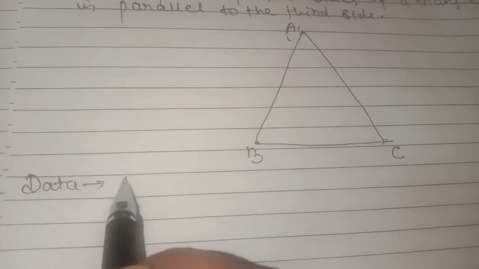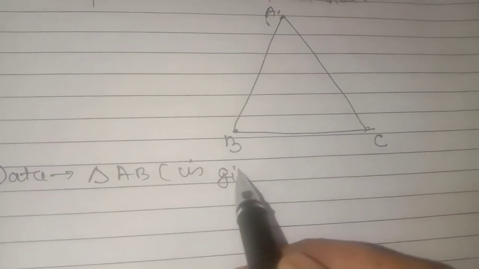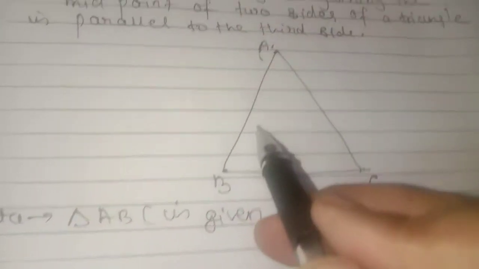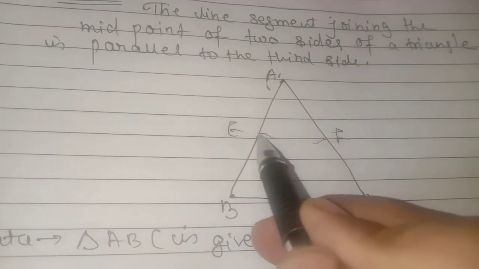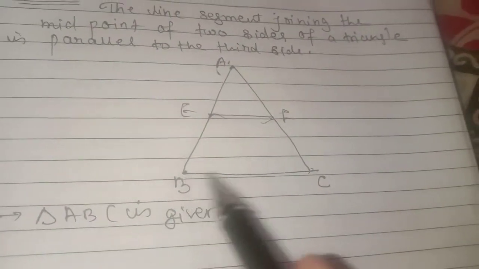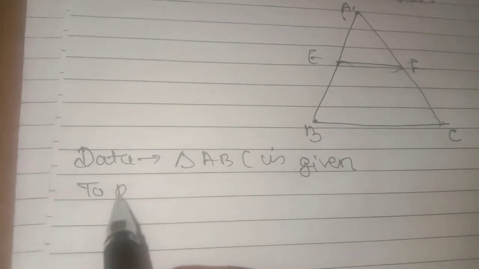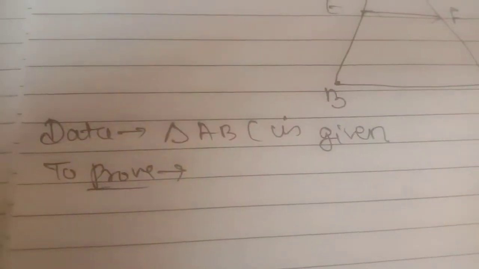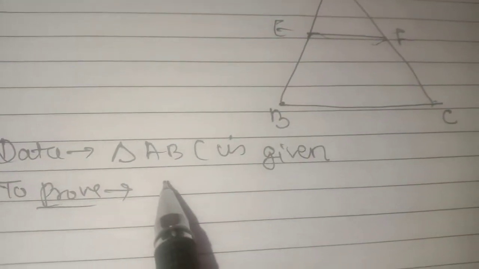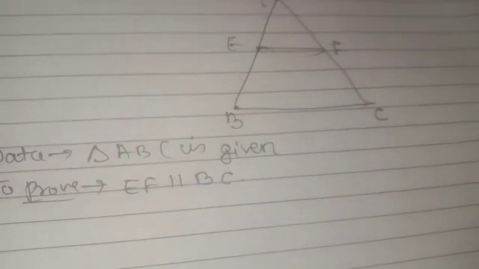In data we'll write that triangle ABC is given, and suppose these two points E and F are the midpoints. So what you have to prove? That EF is half of BC and EF parallel to BC. We have to prove that EF is parallel to BC.